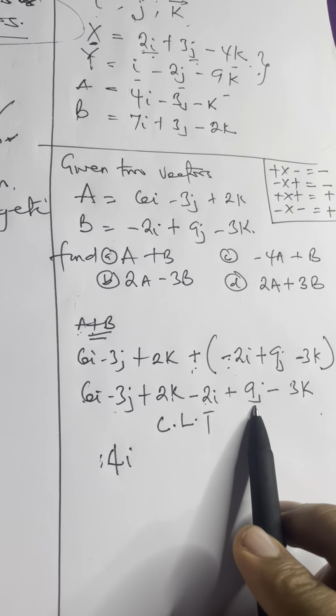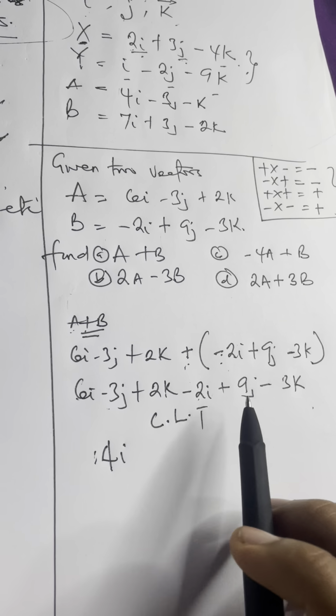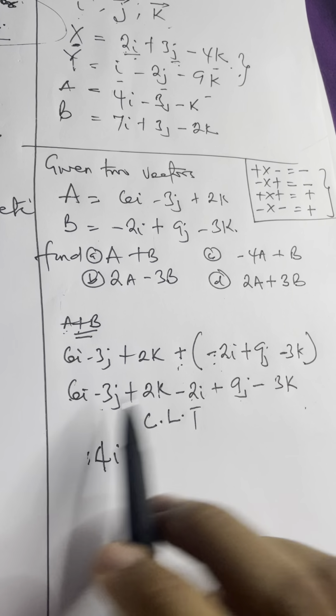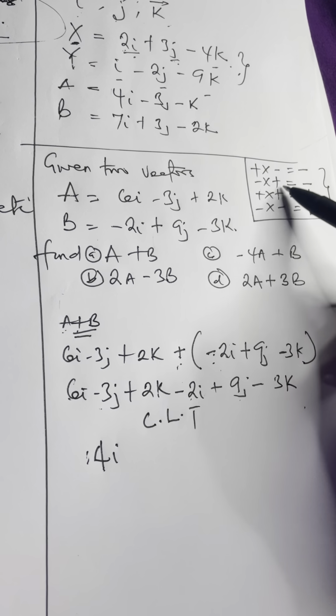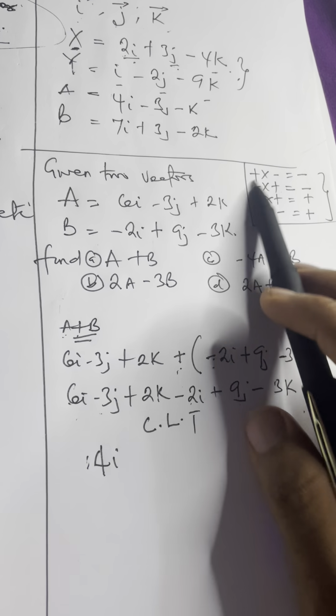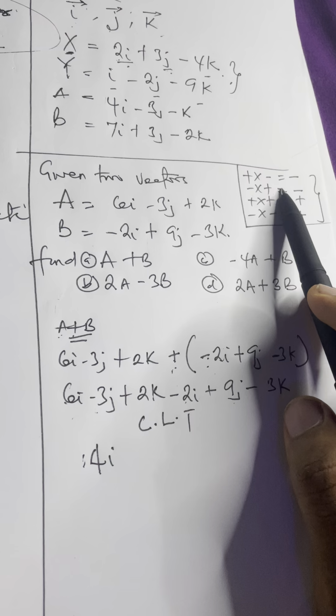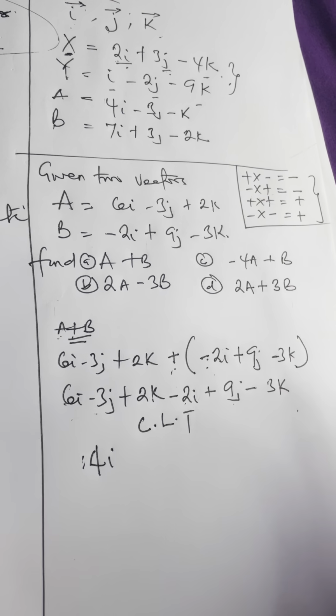Minus 3j plus 9j. Minus 3, just assume you're owing 3. Plus 9, you have 9. Minus 3 plus 9 is different from minus times plus, please. This has to do with directed numbers, while that one has to do with multiplication of signs. Please try and differentiate them.